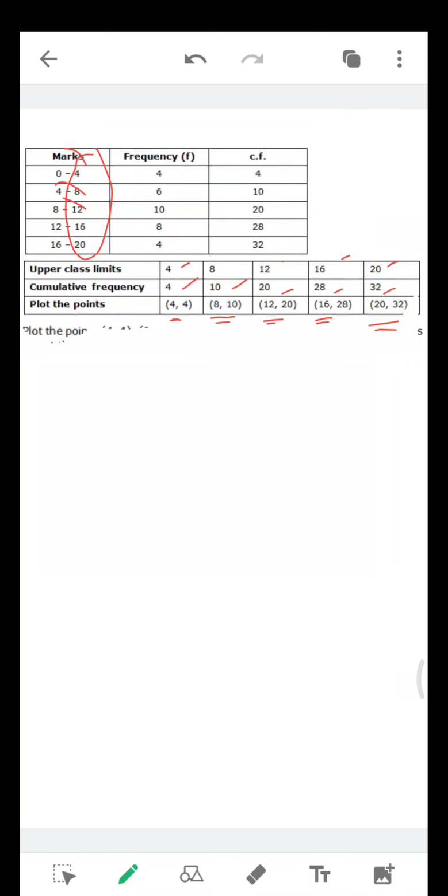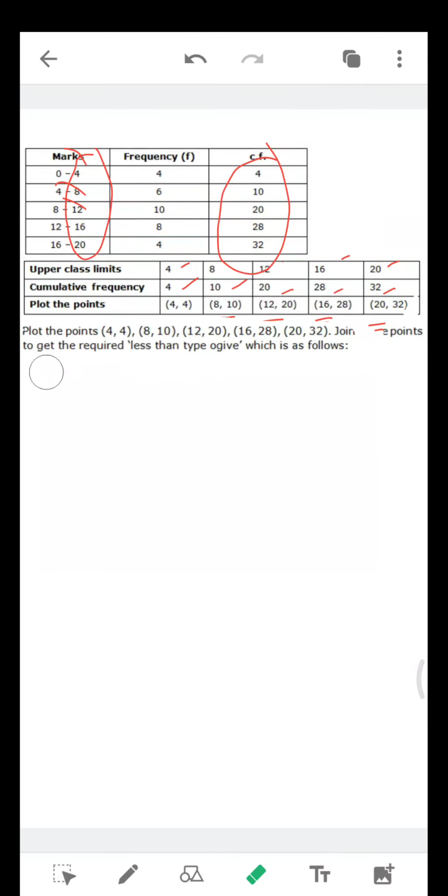Okay, upper limits you should use. That will be your abscissa and this will be your ordinate, and with that we form the x and y coordinates. After forming the coordinates we will draw the graph. Okay, so these are our coordinates. Plot these points on the graph to get the less than type of ogive.